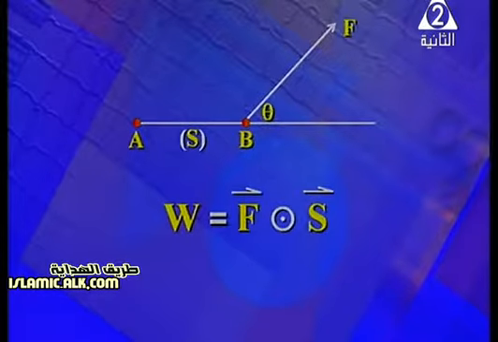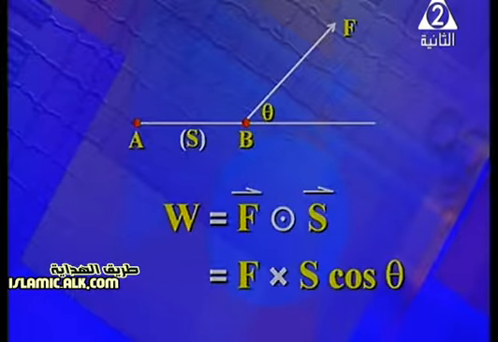It represents the vector of the force, or force vector. S vector represents the displacement vector. Then the work done which we need to move a body from A to B is W equals F vector scalar product S vector.